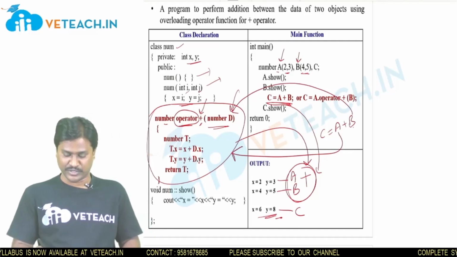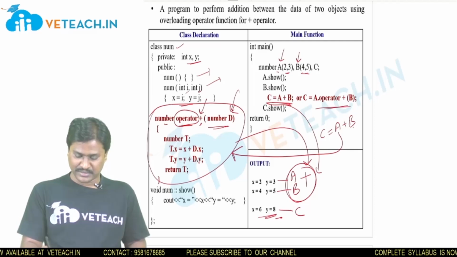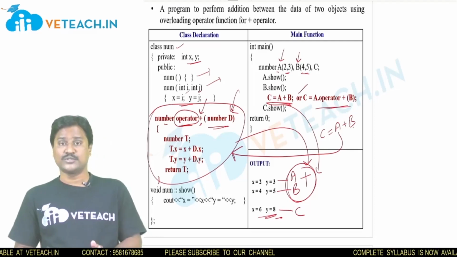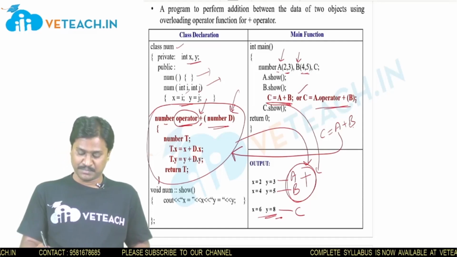This syntax is very important. Here, C equal to A plus B is the same as C equal to A dot operator plus with B as a parameter.